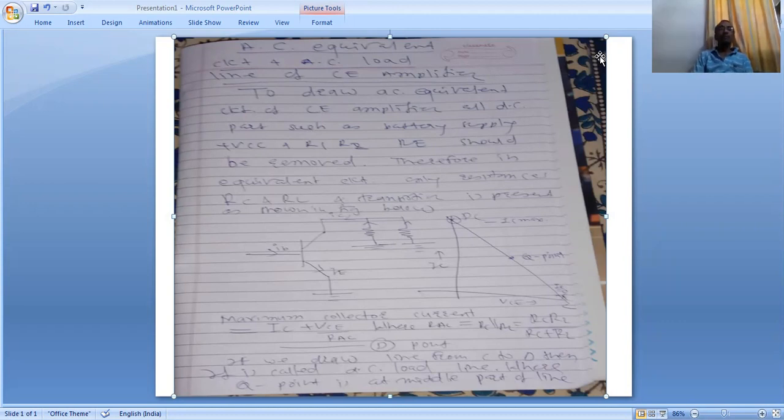Today we are going to see the AC equivalent circuit and AC load line of a single stage common emitter amplifier.